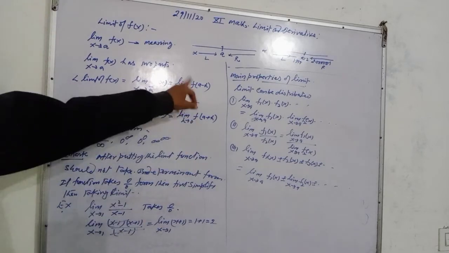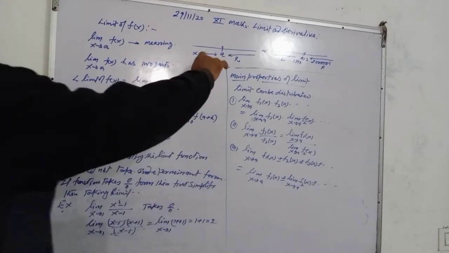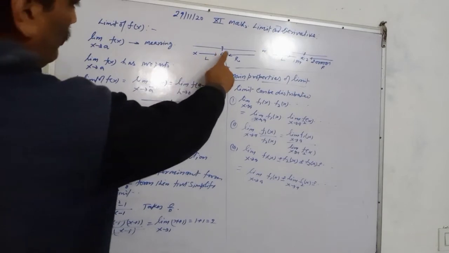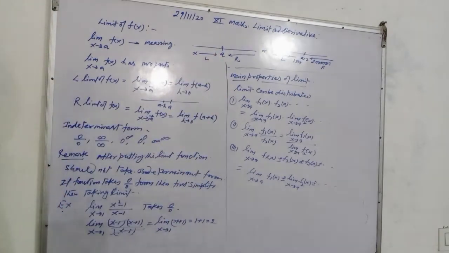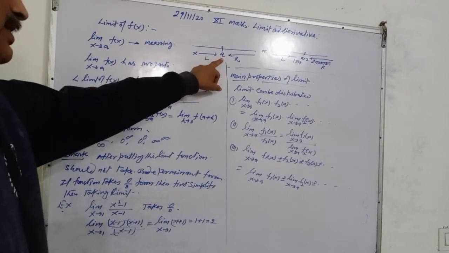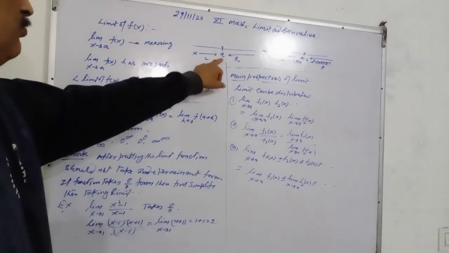What is the meaning of this? You can see here, when x approaches a from the left side, it becomes very close to a but not equal to a.